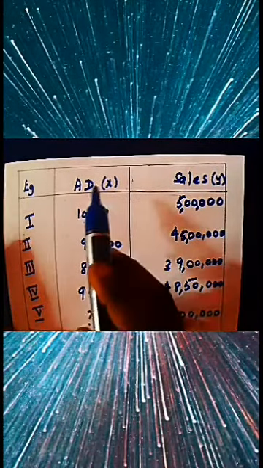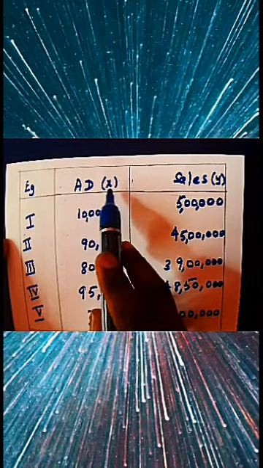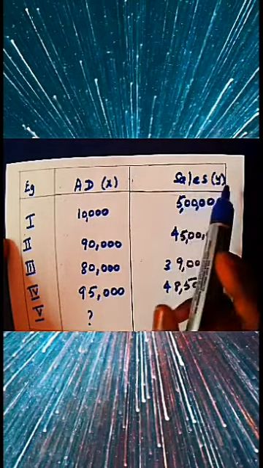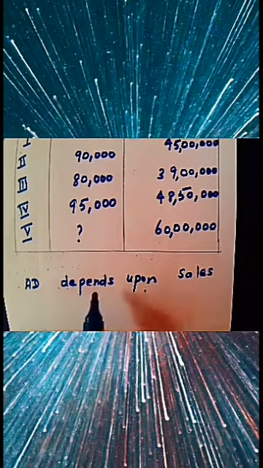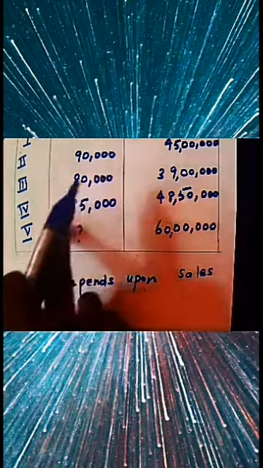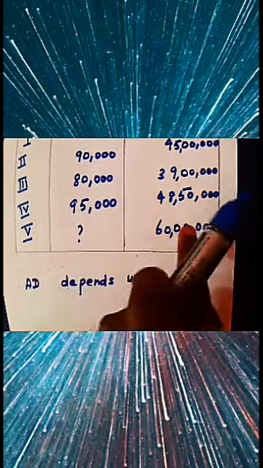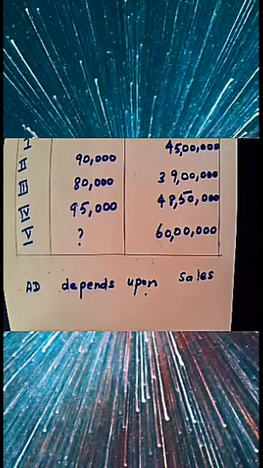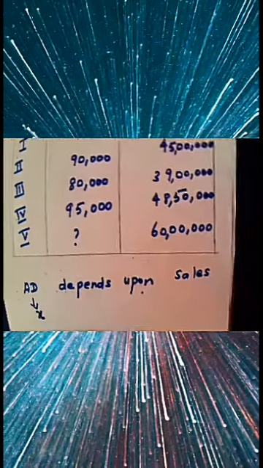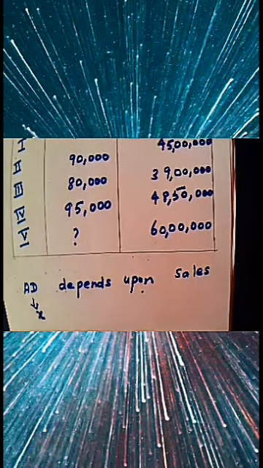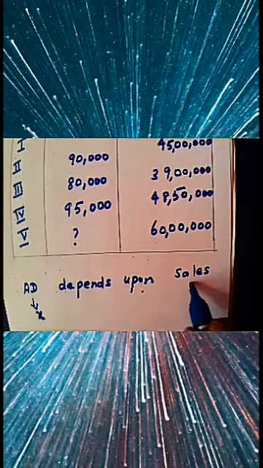So I'm taking advertisement as X variable, sales as Y variable. I can write this as advertisement depends upon the sales. Am I right, students? Which means I can write the ad is X, and the sale is Y.